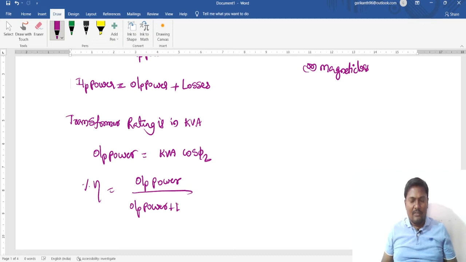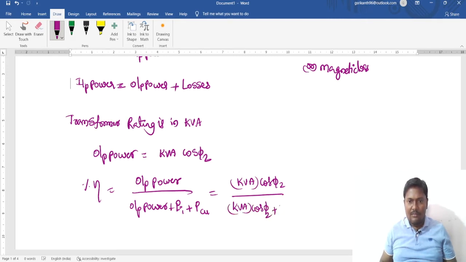In that we have two major losses, iron losses plus full load copper losses. So kVA into cos phi 2 divided by kVA cos phi 2 plus iron losses plus copper losses, multiplied with 100.